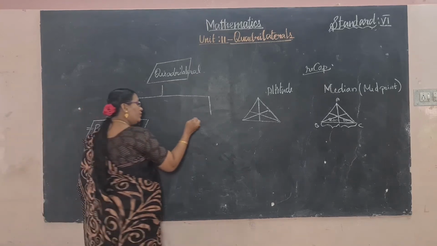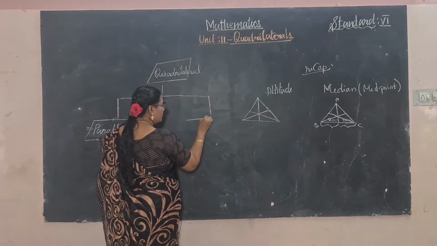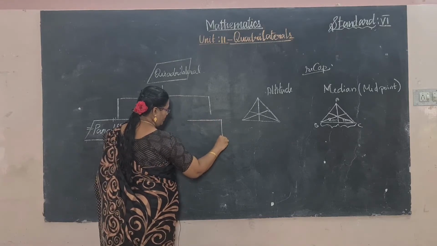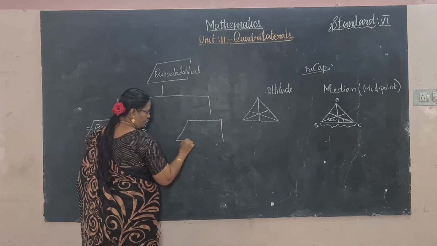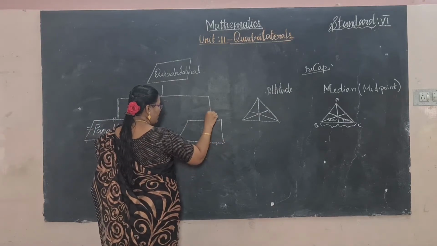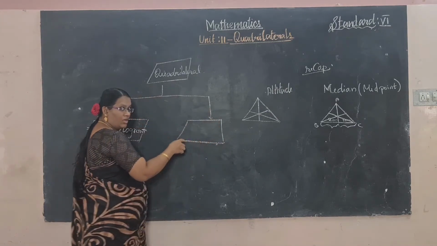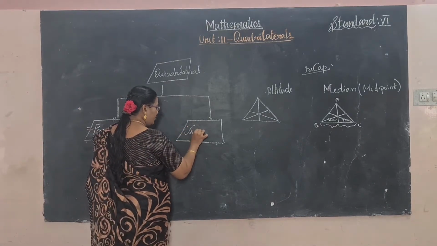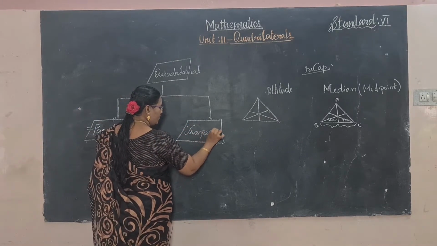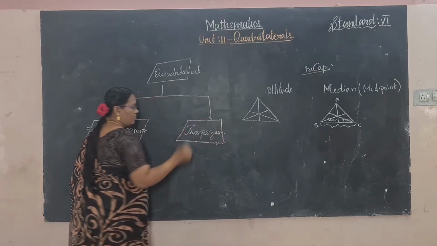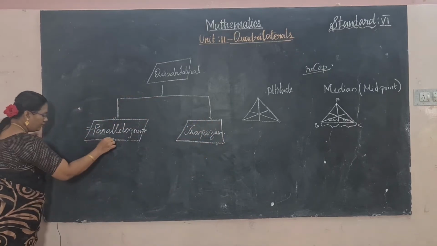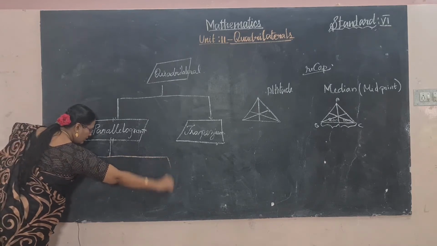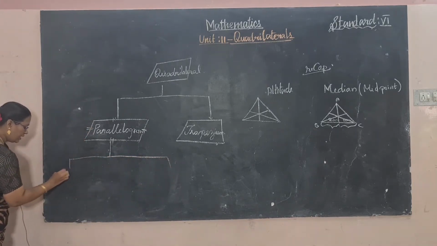The other one is the trapezium. This shape is called a trapezium. It's also one of the quadrilaterals. The parallelogram is divided into shapes whose names you already know. What are they? Square.